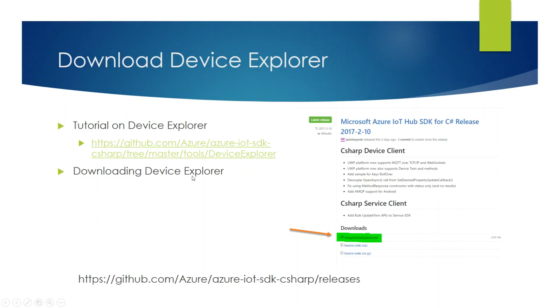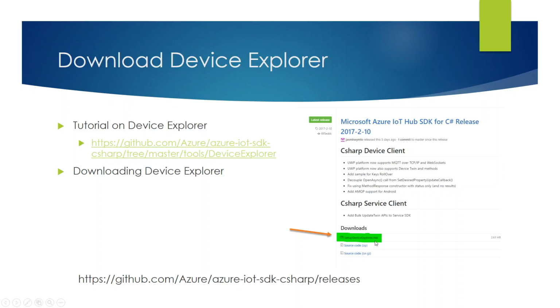To download the Device Explorer, you can go to this URL or search for Azure IoT SDK C# on GitHub. Under releases, you can see the latest release. What I'm using is the latest, the February 10th release.